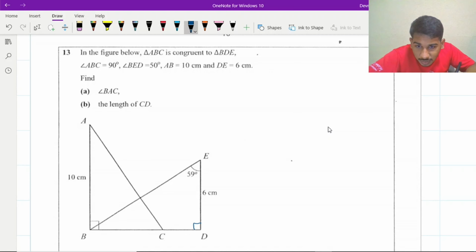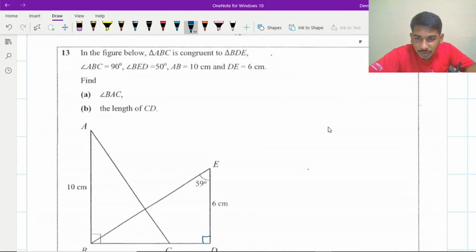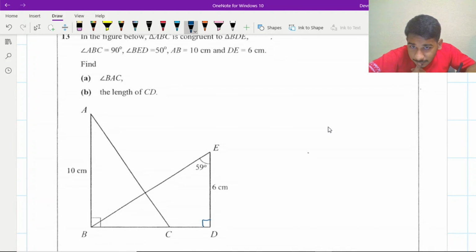Okay, whatever. AB is equal to 10, DE is 6. Find BAC. Here we have contradictory information. Okay, never mind, let's just get the idea. BAC. We have this thing.